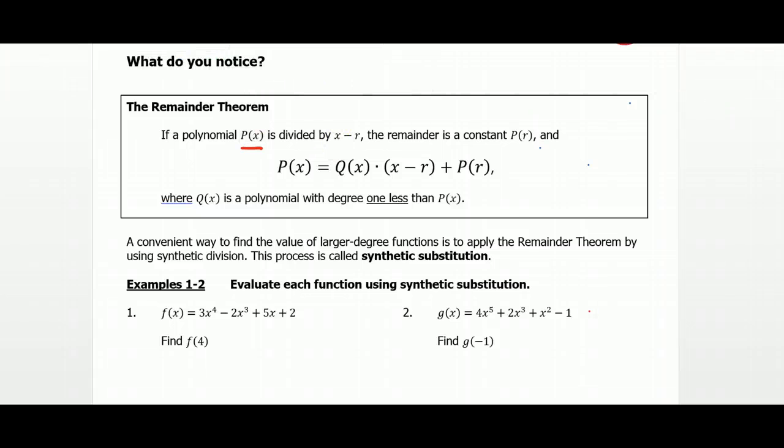And so when we divide that polynomial by the quantity x minus r, we're going to get a remainder, some number, and that remainder is special because that remainder is actually the same as if you took that r value and plugged it in for your input for x and evaluated the function, which is what we did up here.